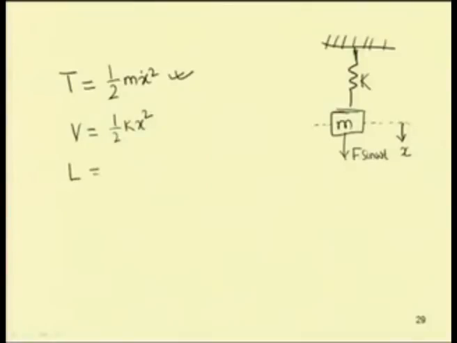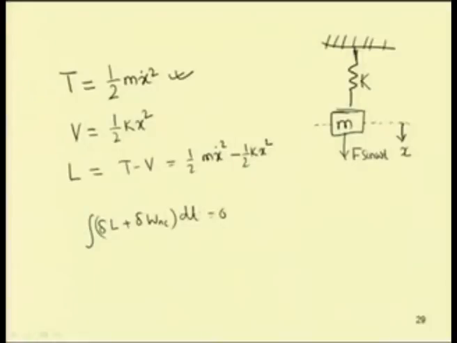So, one can write the Lagrangian of the system as T minus V. This is equal to half m x dot square minus half k x square. If we apply this extended Hamilton principle, we can write the equation of motion in this form: integral of del L plus del W NC dt equals 0. Here k equals 1 only, this is a single degree of freedom system, so q k equals x.